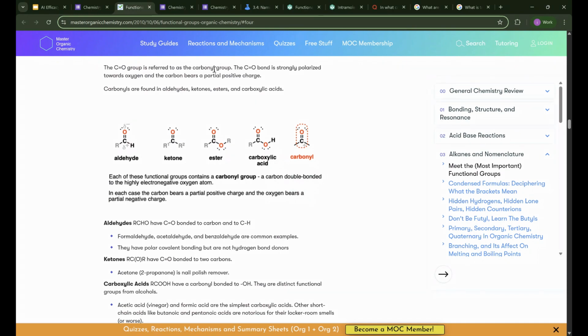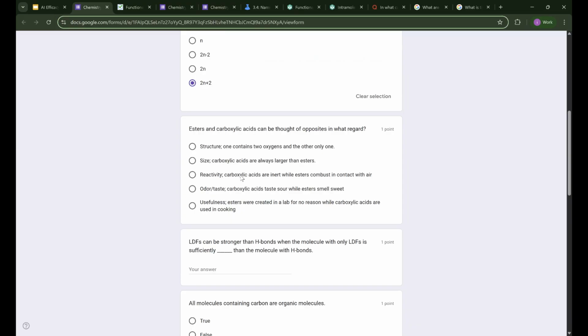So I'm just looking for maybe a way I could find this answer, but no, I don't think it's this one. I don't think it's that one. I don't think it's this one either.